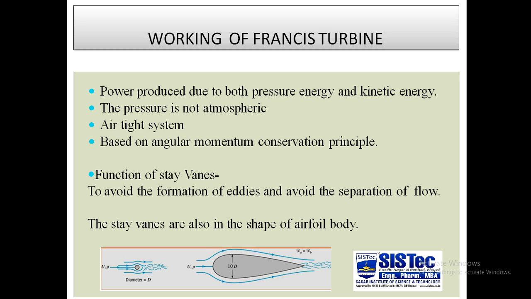Streamline bodies are bodies whose shape is according to the water flow. This bottom diagram shows the airfoil body. In an airfoil body the water does not form any eddies; it smoothly passes the body. Such an advantage can be taken in the Francis turbine with the help of these stay vanes.